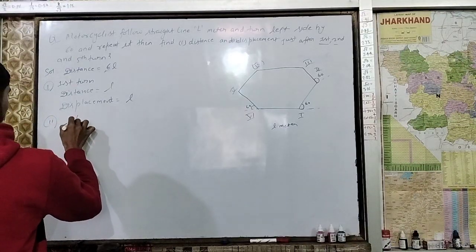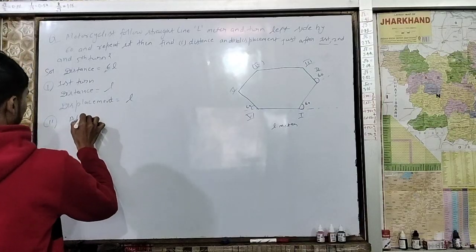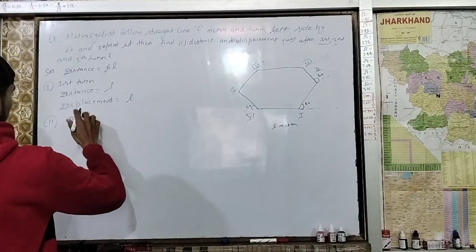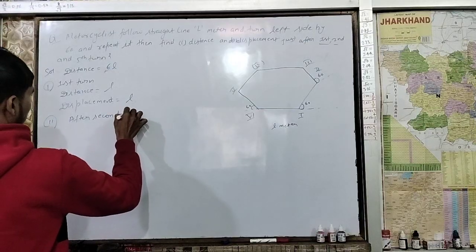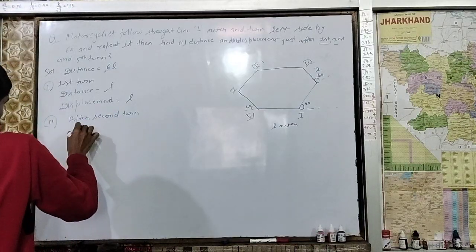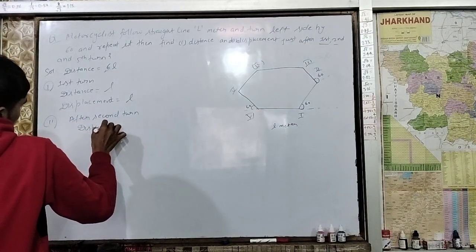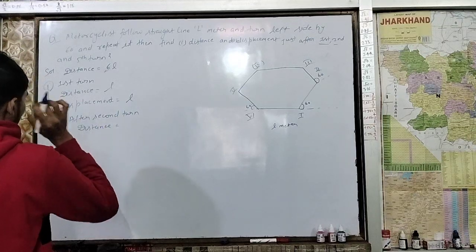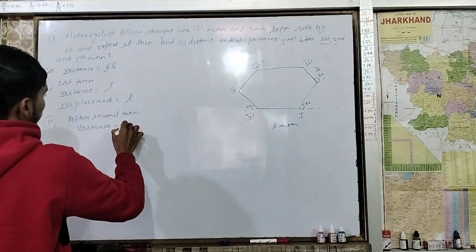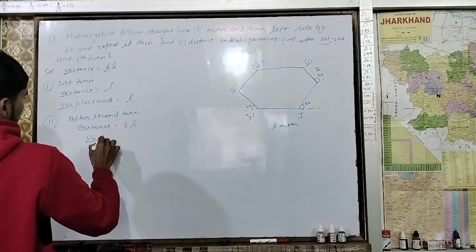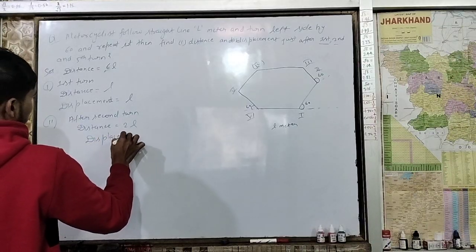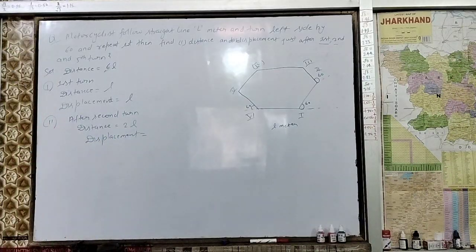Now after the second turn, our distance will be 2L. But displacement will be something else, where theta is 60 degrees.